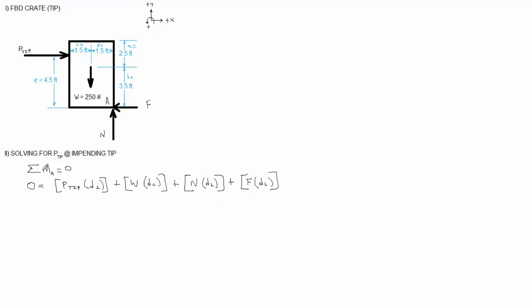So applying static equilibrium to moments with respect to point A, here's our zero statement. Once again, N and F both go through point A, so although there's force there, the perpendicular distance is zero, hence they will produce no moment.